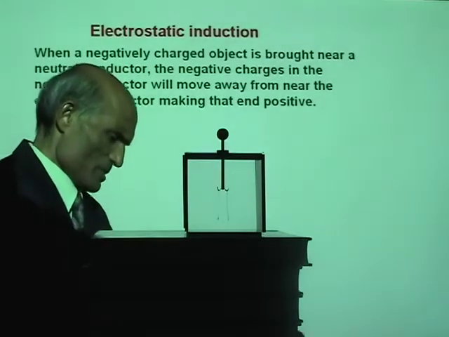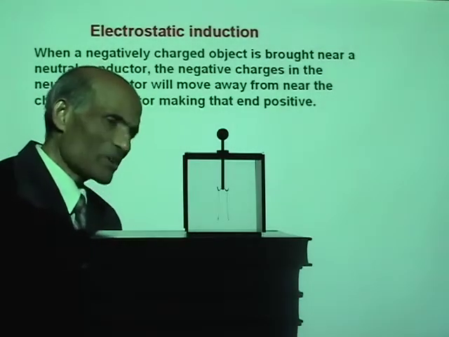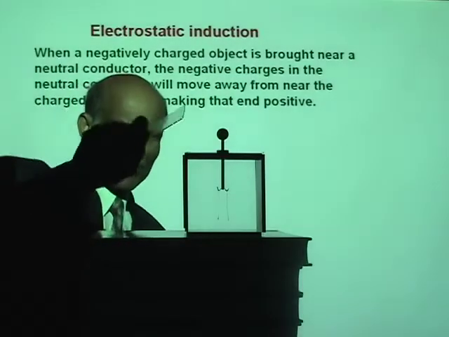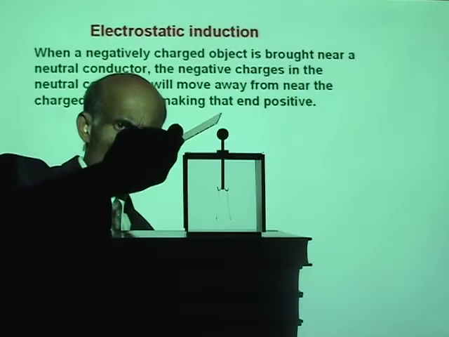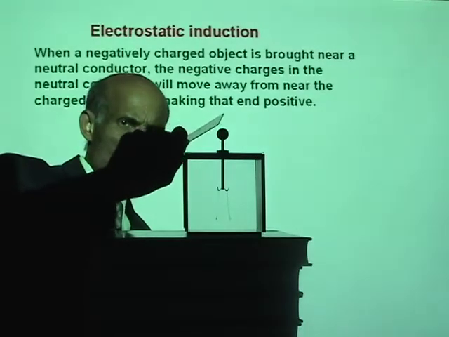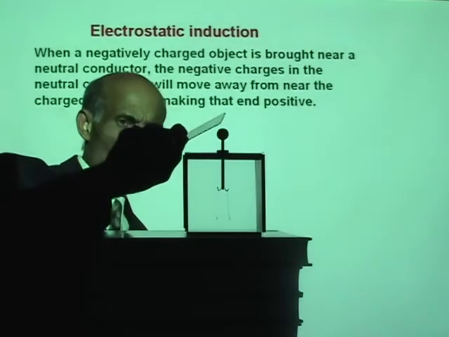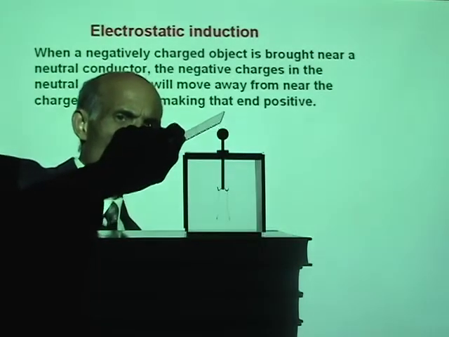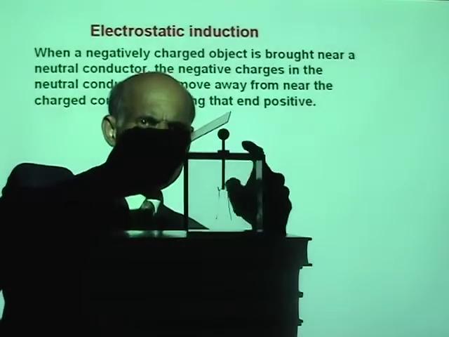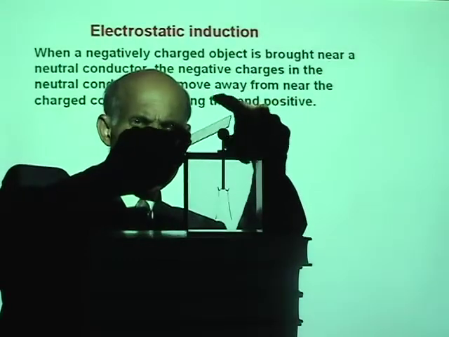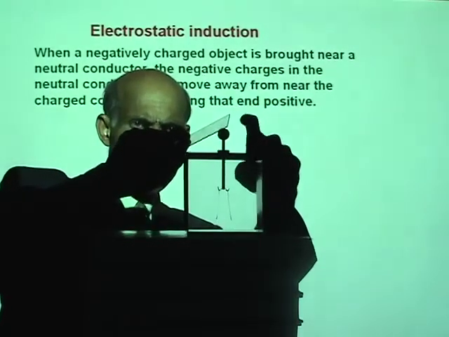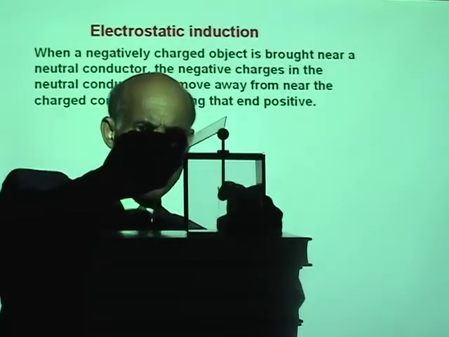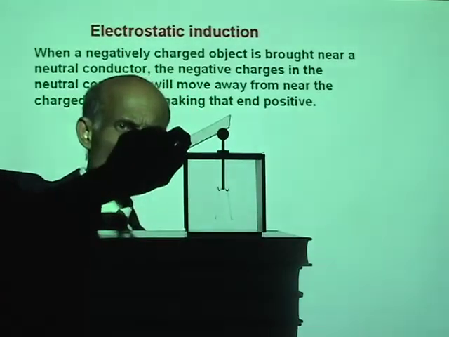Now, if you remember what happened the first time, even if this doesn't work, you know what you saw. Now look at this. I haven't touched the platform, but the leaves are diverging. Why are they diverging? Because the mere presence of this negatively charged object has driven a lot of negative charges from the top to the bottom, to the leaves.